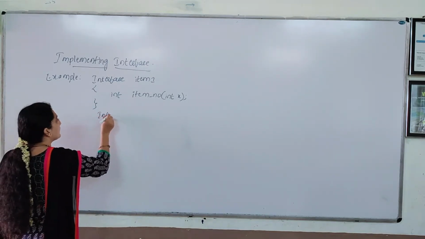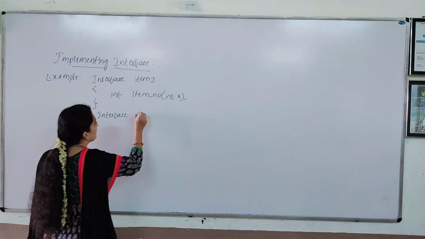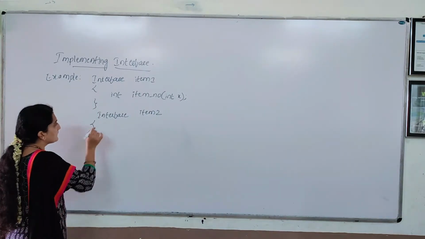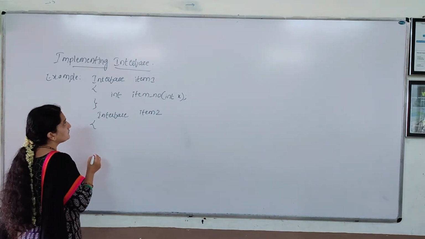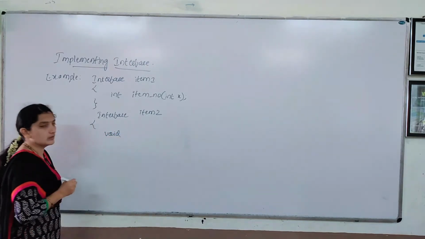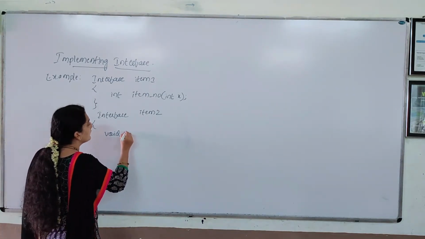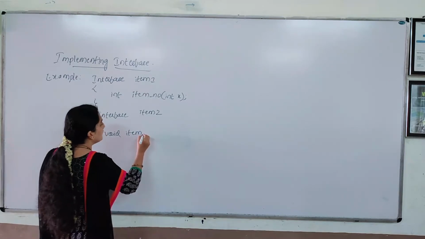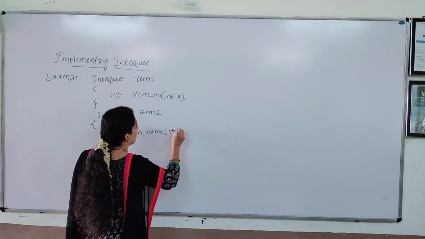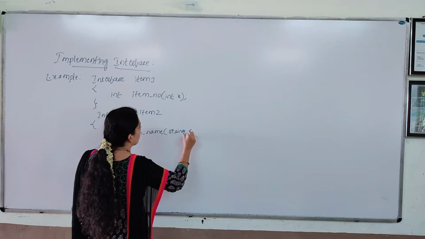One more interface I will define, that is Item2, and in this interface I am going to declare one method, void item name, String s.